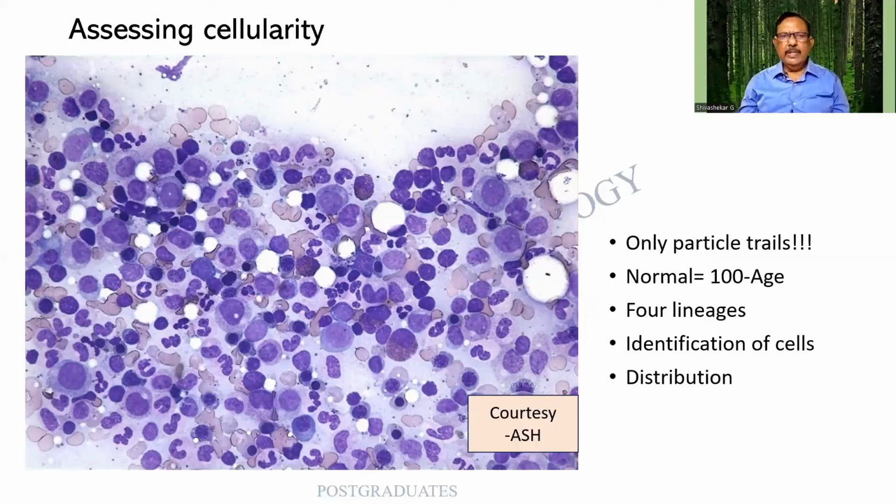For example, the patient is a 1-year-old child. It has to be almost 100% cell. If it is going to be a 40-year-old male, then it can be 60% or plus. And 4 lineages will have to be identified. It can be the erythroid, myeloid, megakaryocytic, and the lymphocytic and plasmacytic.